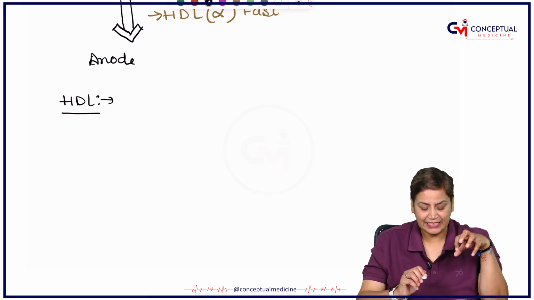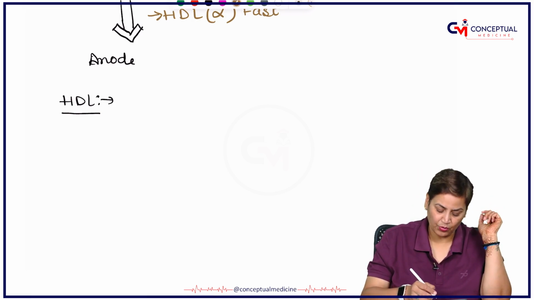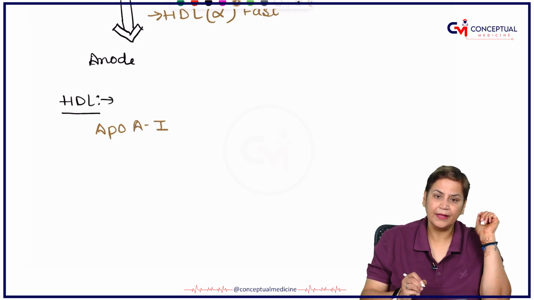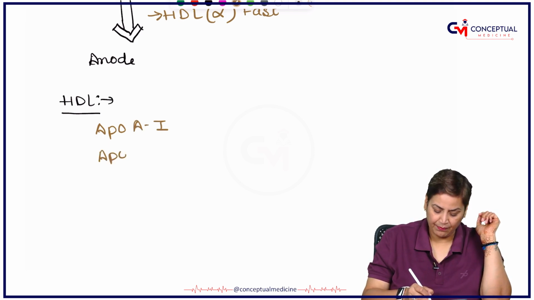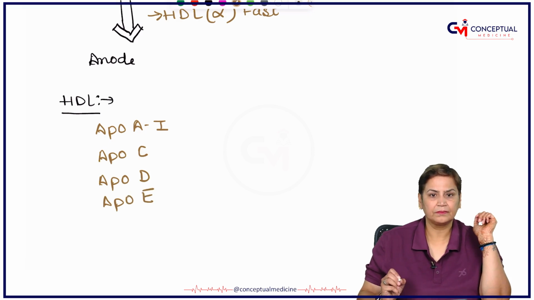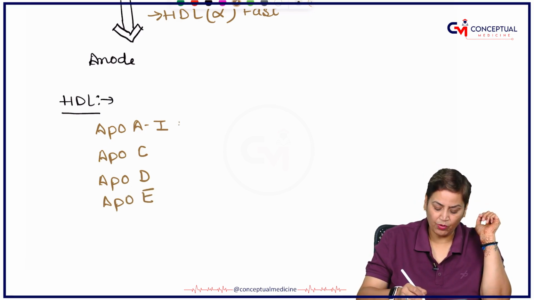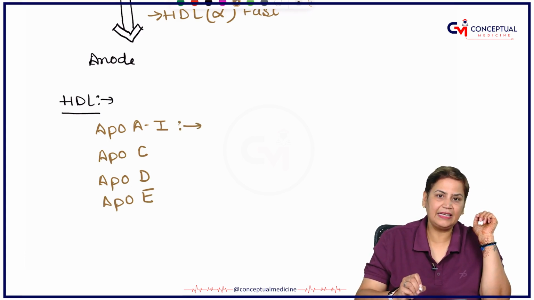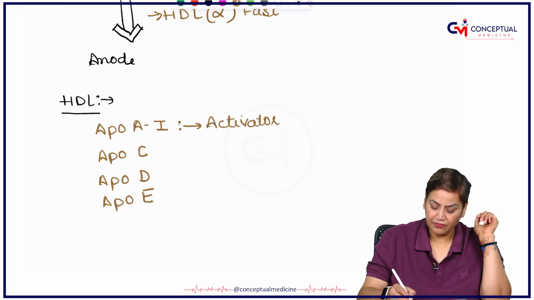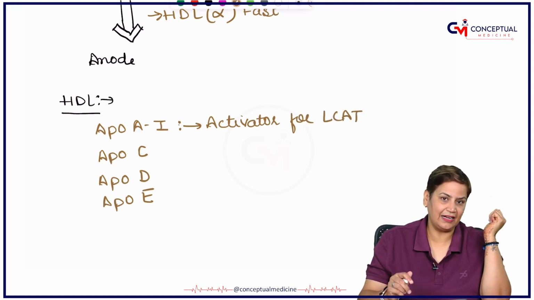So for HDL, the specific apoproteins are Apo A-I, Apo C, Apo D, and Apo E. And the most important, Apo A-I, is the activator for LCAT. Now what is this LCAT?